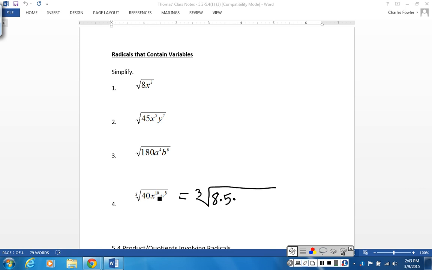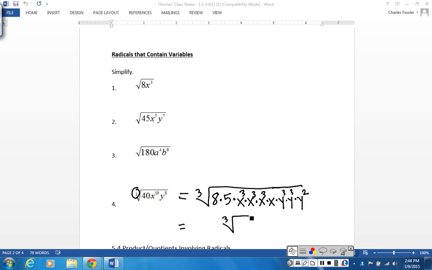Now x to the 10th, we're not going to break it up into 2's anymore because our index is 3. So we need to break up the x's into 3's, as many x cubes as possible. So x cubed will give me x to the 6th. Another x cubed will give me x to the 9th, and then I have 1 remaining, so I need to put that x there. Then y cubed times y cubed will give me y to the 6th, but it says y to the 8th, so I only have y squared left.